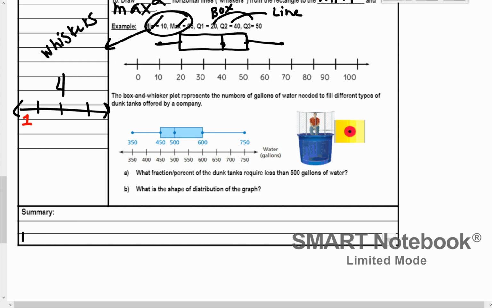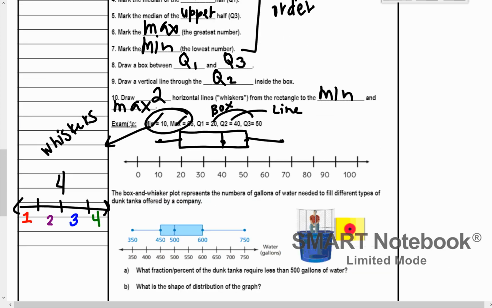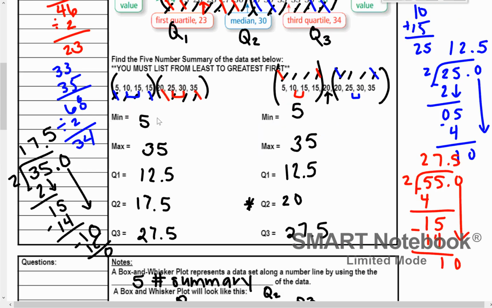Our first part, our second part, our third part, and our fourth part, and each one of those parts are equal. Even though in the graph it might not look like it, each one of those parts contains the same amount of numbers. So our lower quartile is 1, 2, 3, 4 numbers. Upper quartile is 1, 2, 3, 4 numbers.